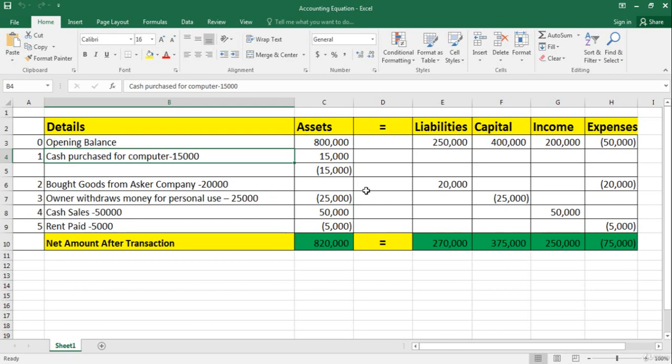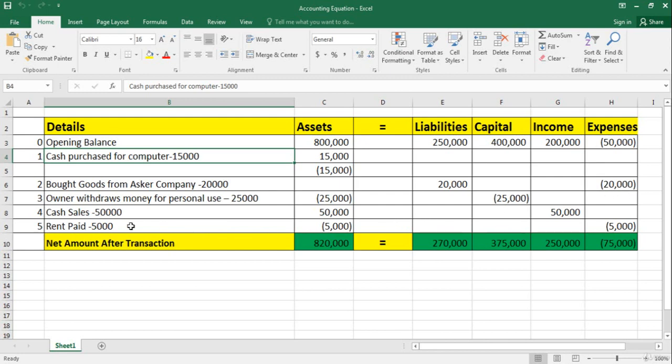At the same time, purchases are an expense, which also increase by 20,000. It is shown in brackets because income minus expenses.